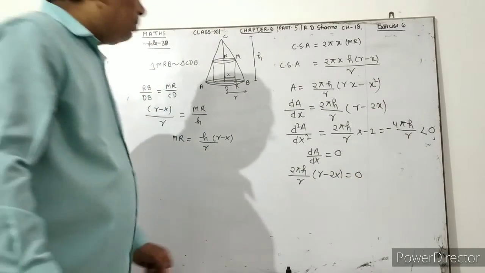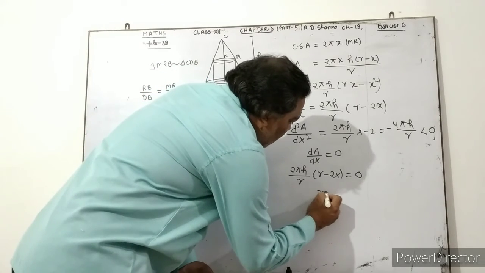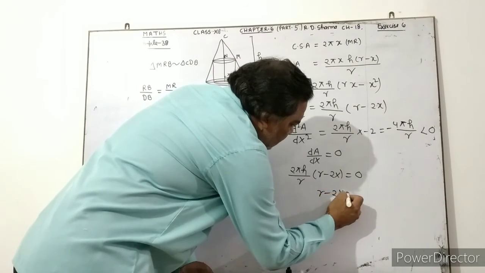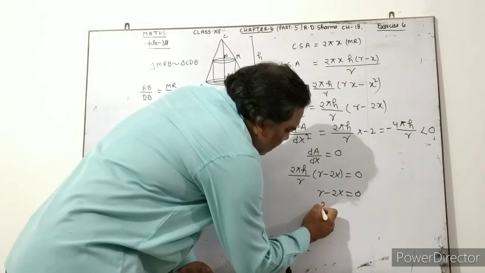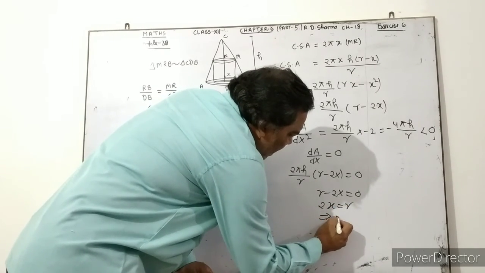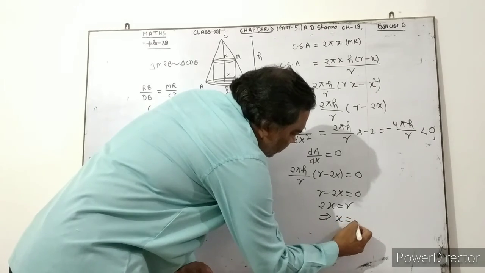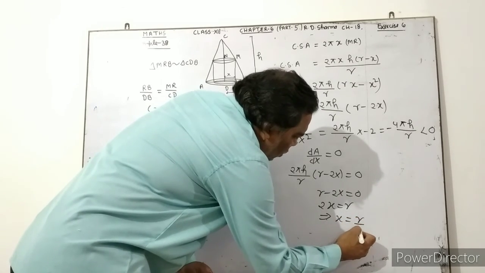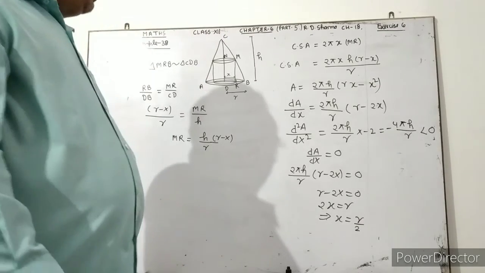Then this implies r minus 2x is 0. This is 2x equal to r. This implies x equal to r by 2.